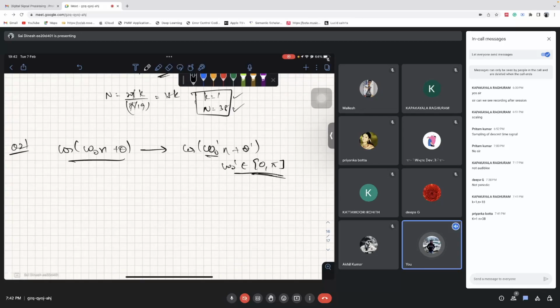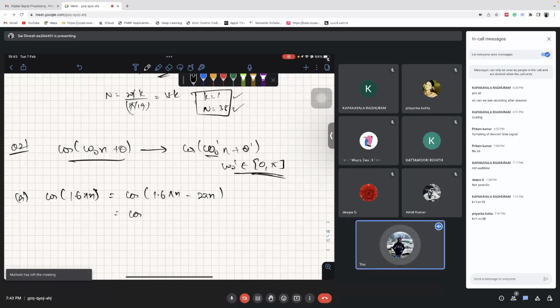Okay, let's try one question where we have cos of 1.6 pi n. This can be done as cos of 1.6 pi n minus 2 pi n, which will be cos of minus 0.4 pi n.